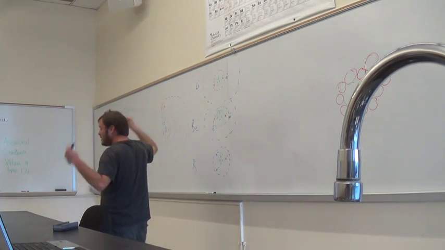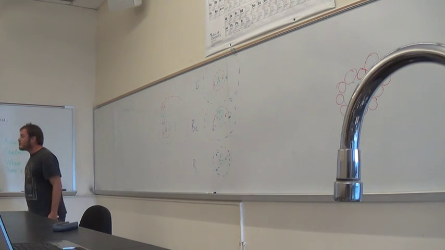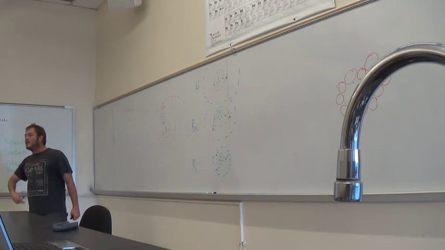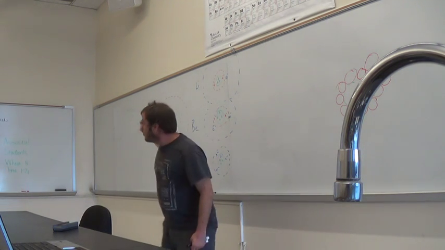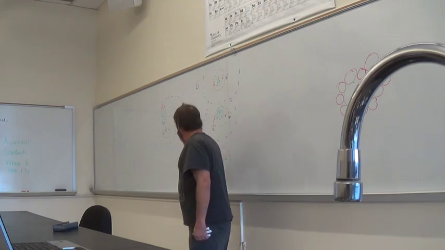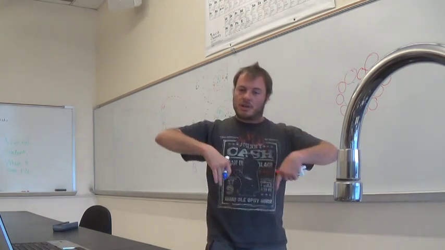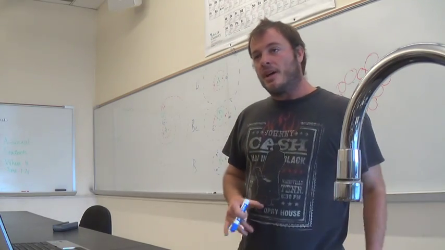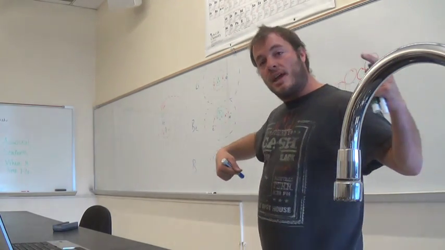Well, what a metal is in chemistry, the reason we call something a metal, is because it doesn't hold on to its electrons very well. Metals give up electrons very readily to other atom types. Well, you now know why. It's because they have the least amount of nuclear charge per electron that they're trying to hold on to. And they have the largest radiuses, and so those electrons can't get close into that nuclear charge.